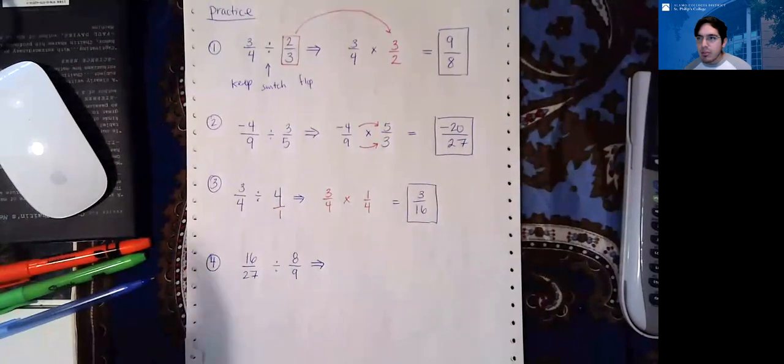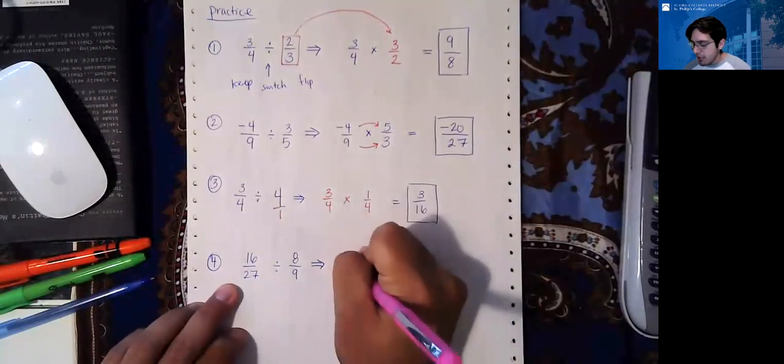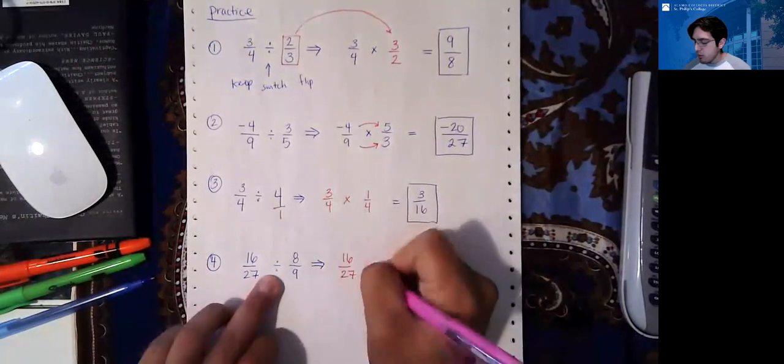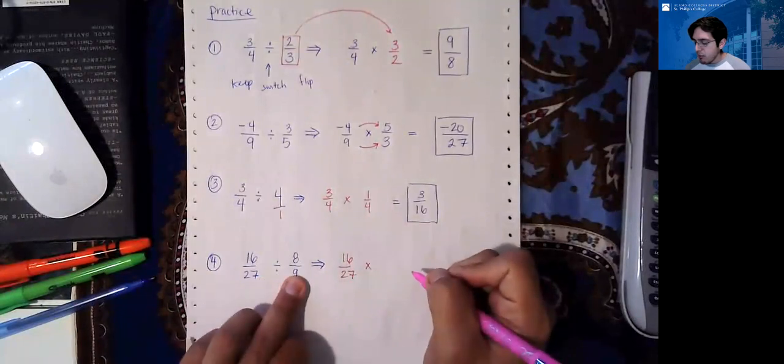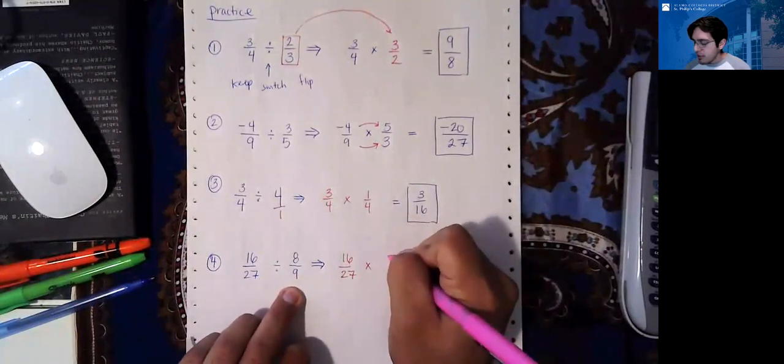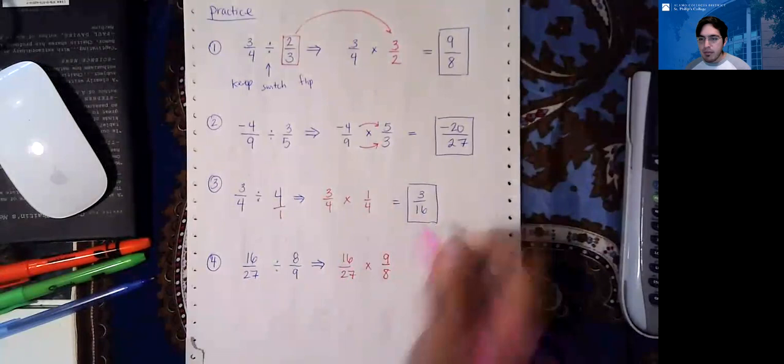Notice that with multiplying and dividing fractions, we don't care about common denominators at all. You only care about common denominators with adding and subtracting. Okay, so if we're in division, not worried about common denominators. We're just going to strictly apply keep, switch, flip. So we'll keep 16/27. We'll switch to multiplication, and we'll flip 8/9 to its reciprocal, which is 9/8.